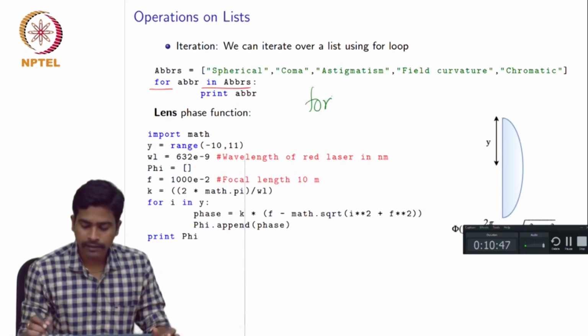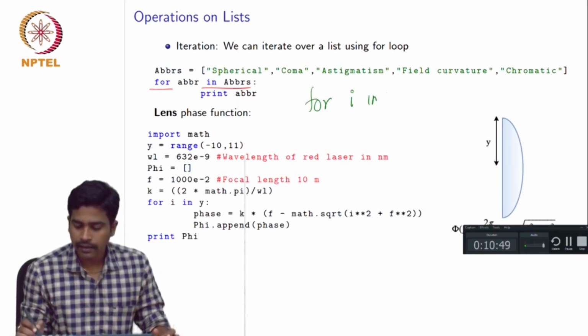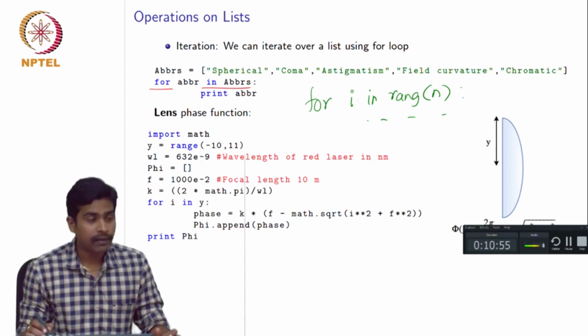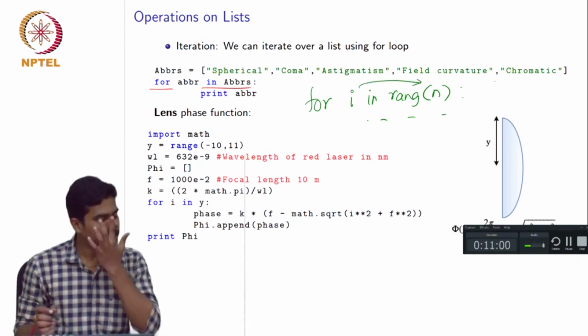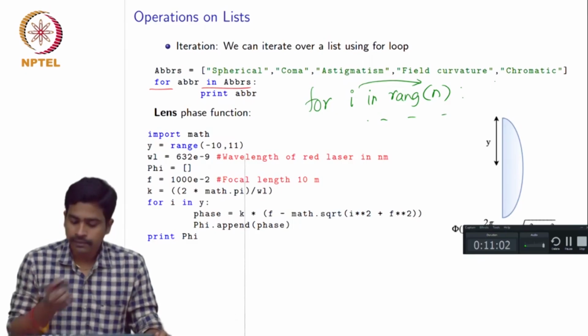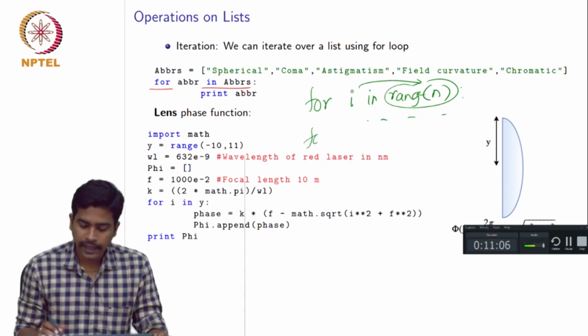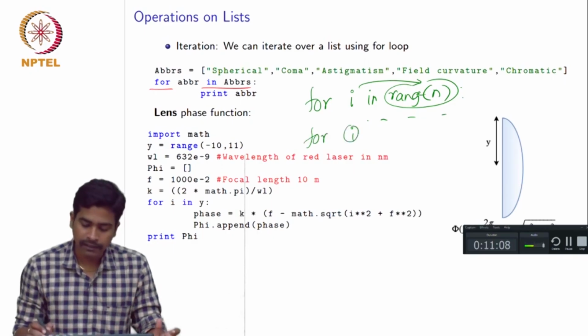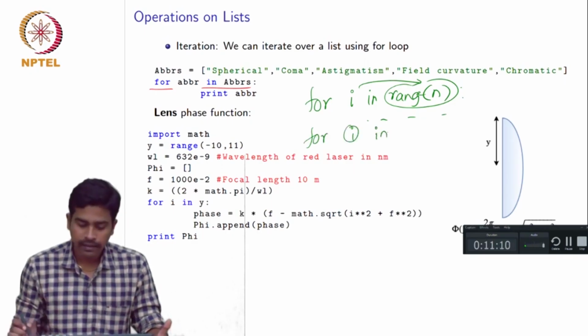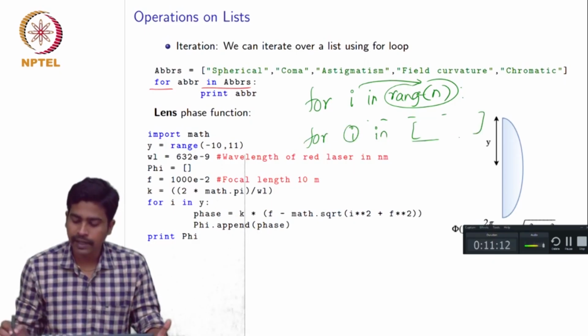We are saying for i in range of some number, and inside this for loop, the i value is being assigned the values sequentially. We can do the same thing without giving this range command. What we can do is we can write for i, or some other variable a, in a list. We can directly give the name of the list.